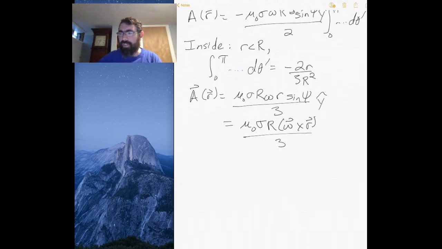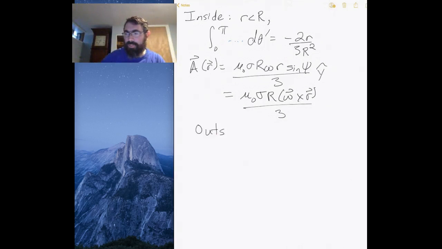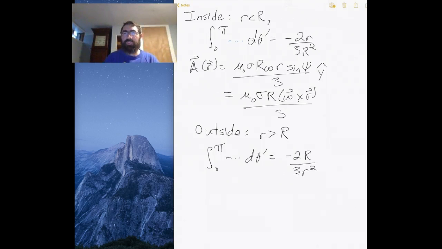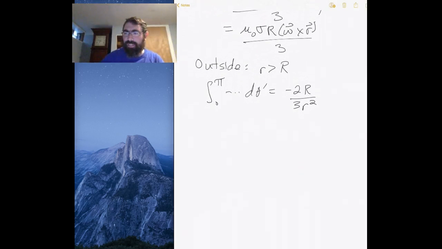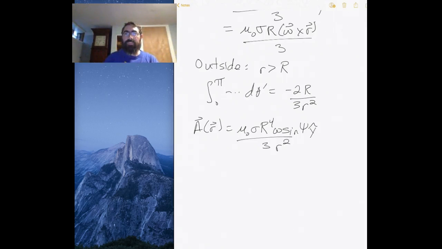If I'm now outside of this, so little r is bigger than capital R, then the integral becomes minus 2 capital R over 3 little r squared. And when I plug that in, what I get for the potential is mu 0 sigma R to the 4th omega sine psi in the y direction divided by 3 r squared.